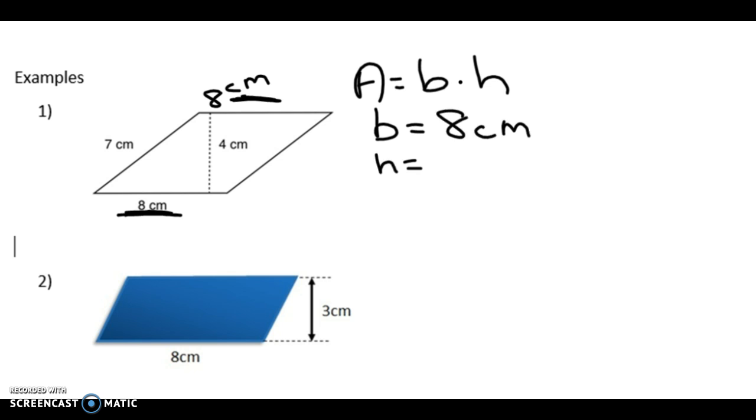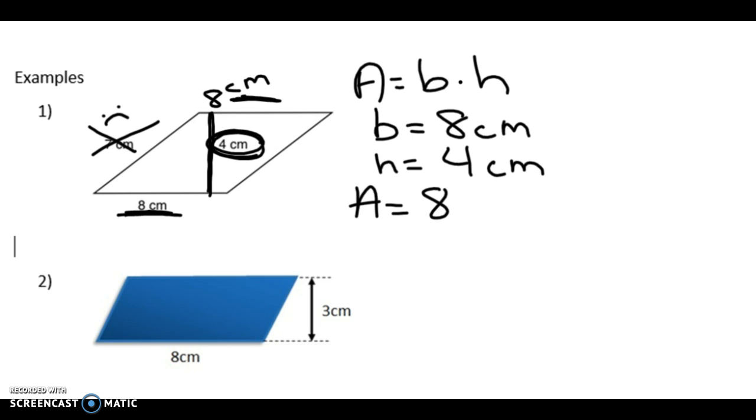The height is always the straight side. Okay? There is no straight side on this parallelogram, so it's got to be marked in the middle of the parallelogram. Never use an angle side for the height. The height is 4 centimeters. If I calculate, that's 8 centimeters times 4 centimeters.